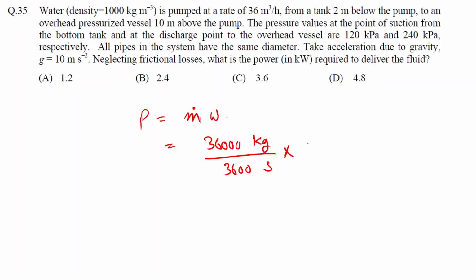And then the work we found out to be 240 joule per kg. So ultimately we will be having 2400 joule per second as the power.